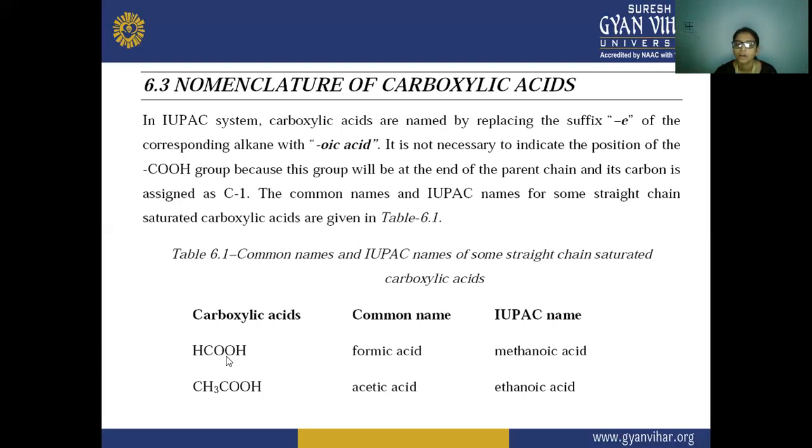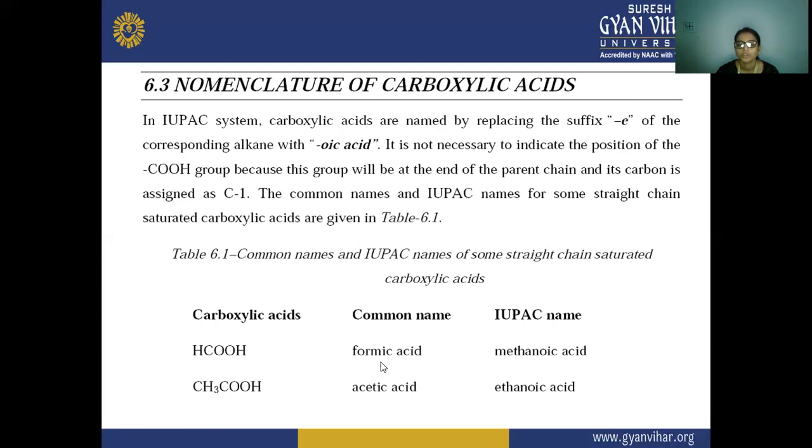The formula for writing this structure is CnH2n+1 COOH. In that case, n equals 0, then H equals 1, then COOH. This is the functional group of the carboxylic acid.